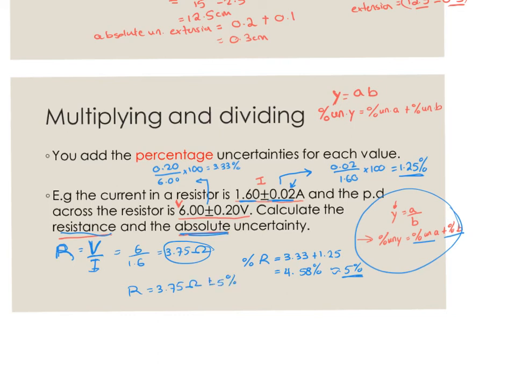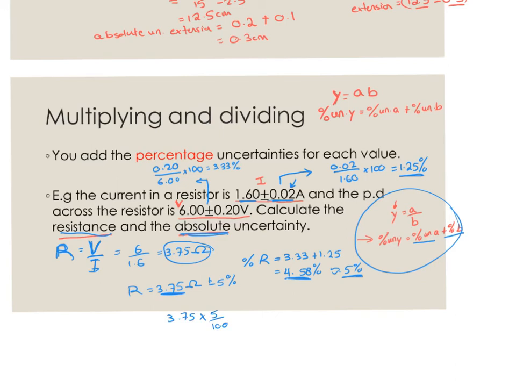Now what's 5% of this value? That's what I'm interested, or I'm going to use actually 4.58% to keep it a bit more precise until the end. Then I'll do my rounding up to 2 decimal places only. So that will be me working out that. So that would be 3.75 times 5%.